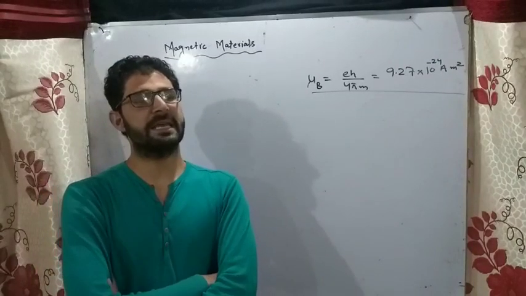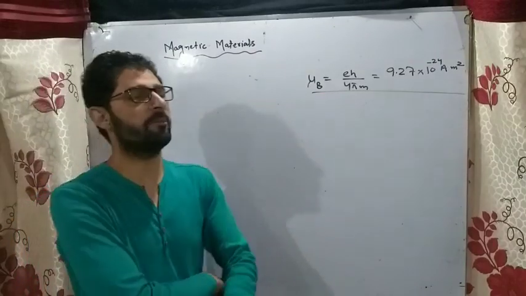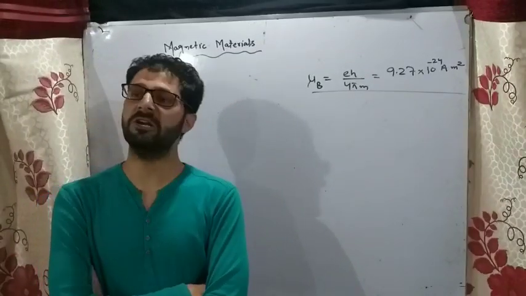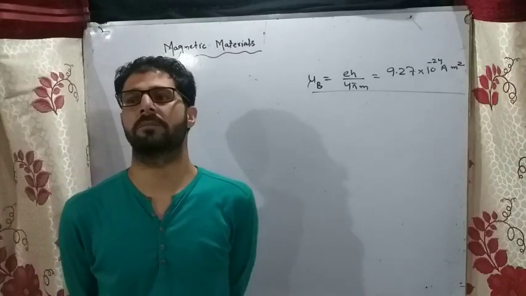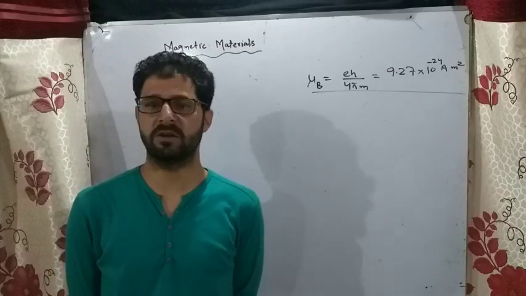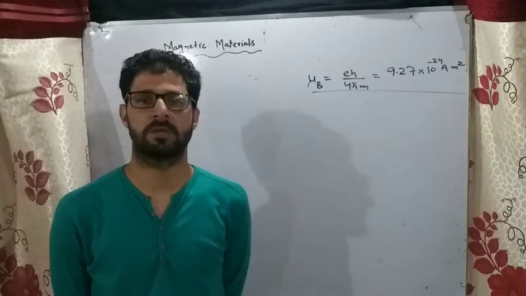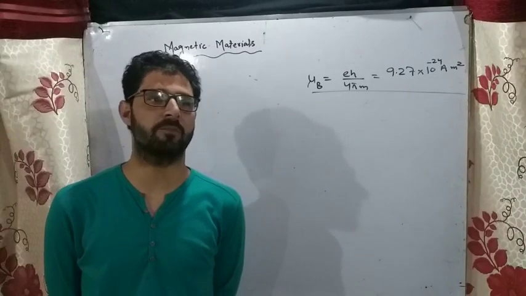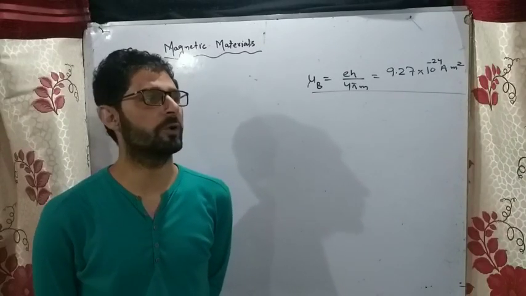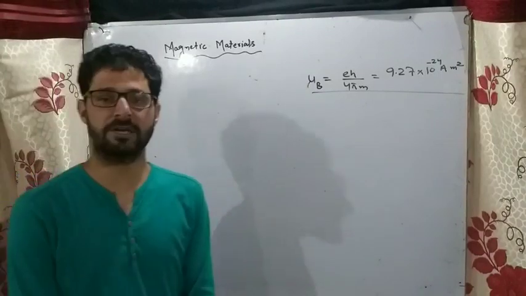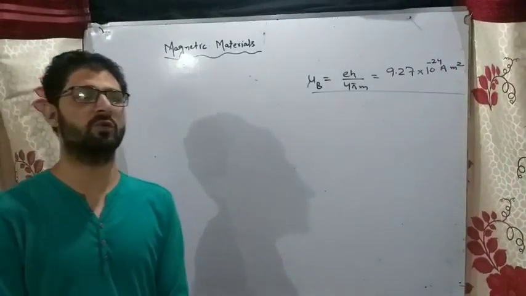So we can say that this dipole moment, equal to the Bohr magneton, is an intrinsic property of the electron, because we know every electron is revolving in an orbit around the nucleus. So definitely it will gain a magnetic moment equal to the Bohr magneton. And this Bohr magneton is responsible for the magnetic moment of atoms and molecules.